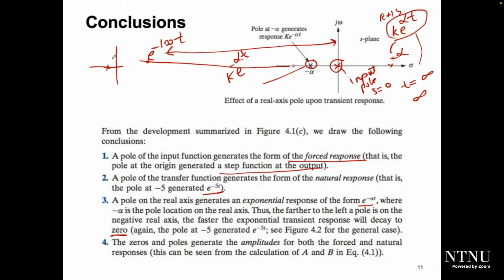It will take longer time to decay. But if you have poles which are far from the j omega axis, in this case the response of your system will be much quicker, right? Because that part will decay faster, right? That part will decay faster.